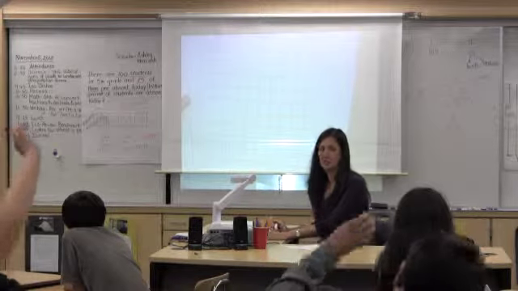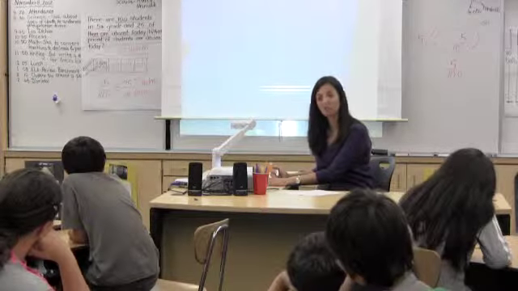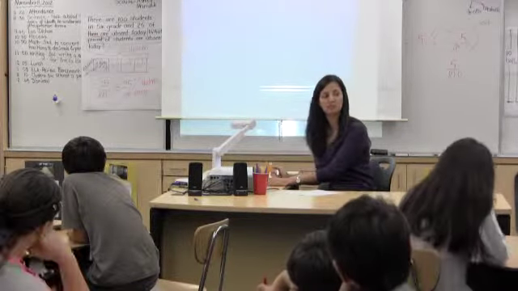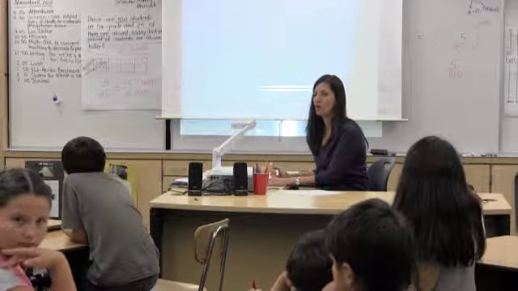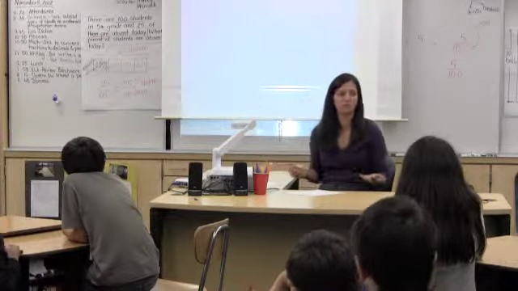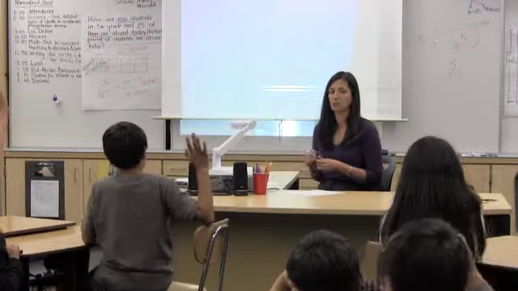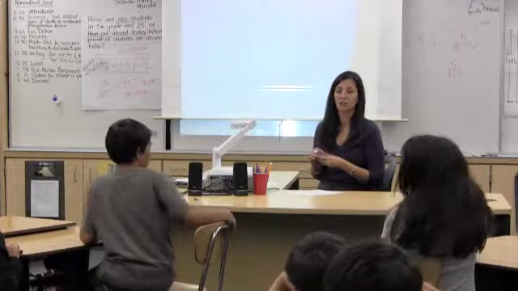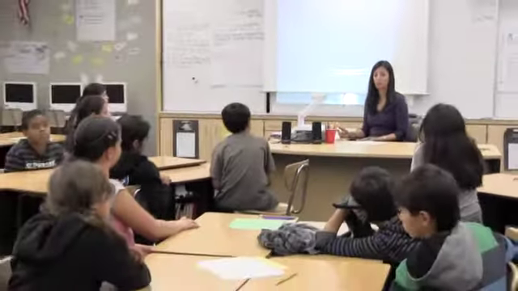Now somebody said your teacher expects you to get 100% on this test. What are they really asking you to do? What are they expecting you to get? Ashley? Get 100 out of 100 on your test?